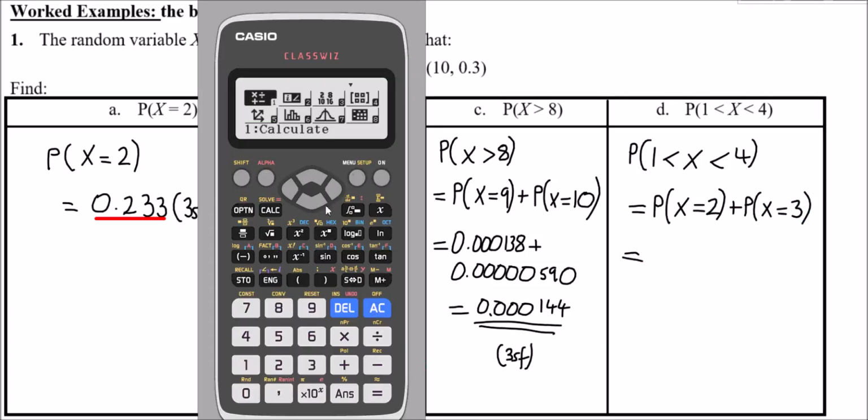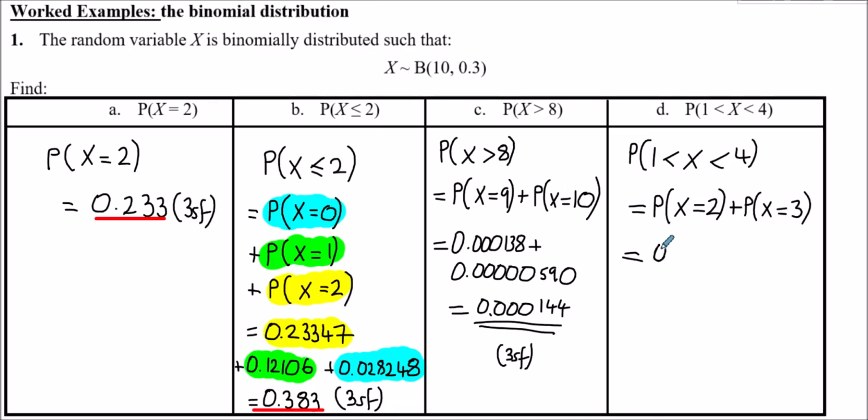So menu, switch to mode 7, binomial PD, variable, so type 2, 10 trials, so type 10, probability of success is 0.3, equals and equals again. We get 0.23347, which is what we had from before from part A and part B.